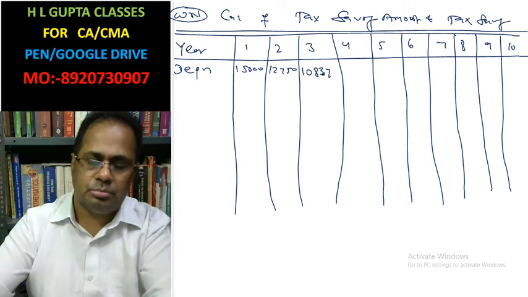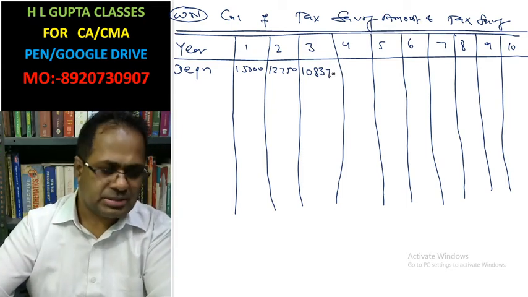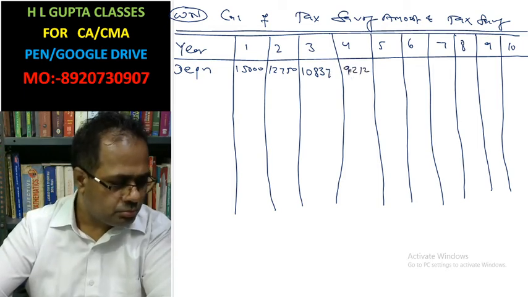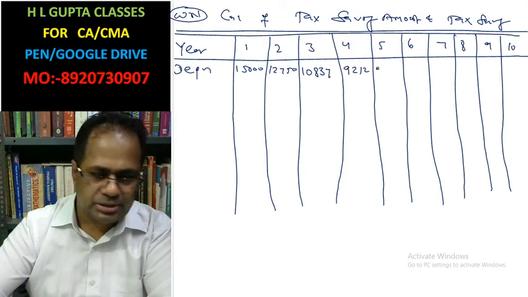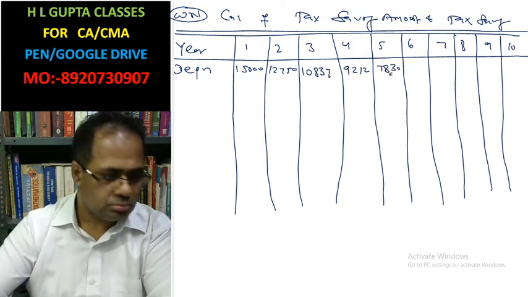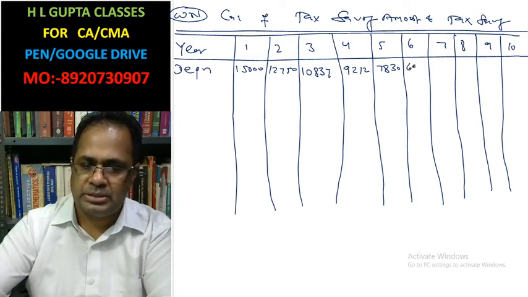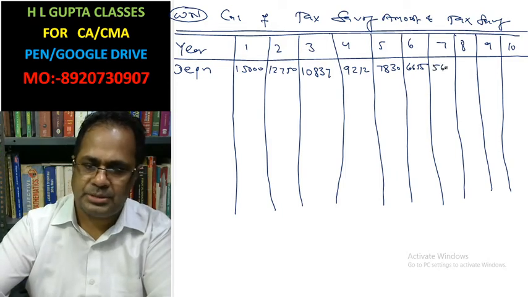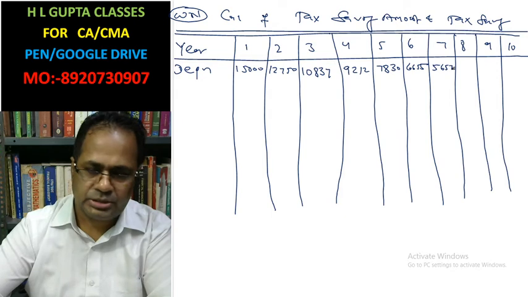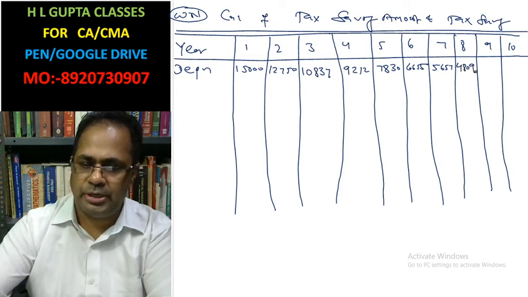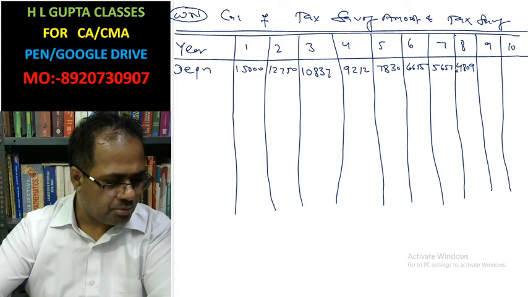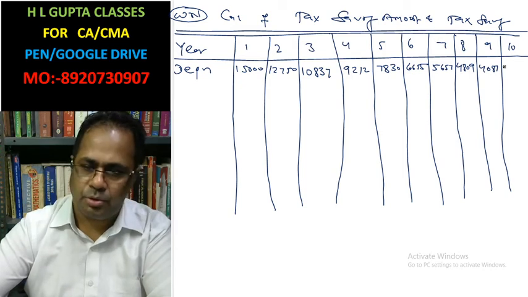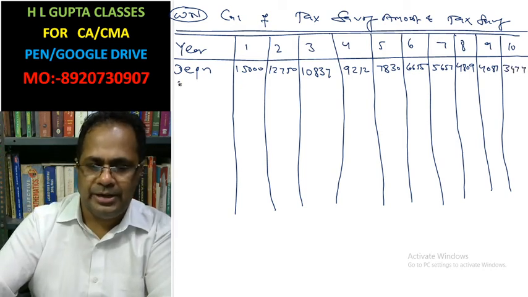I'm going to leave fraction after point. 9212, 7830, 6655, 5657, 4809, 4087, 3474.